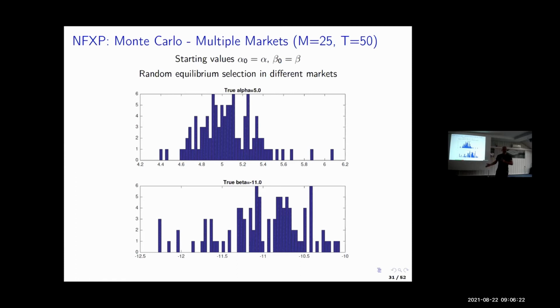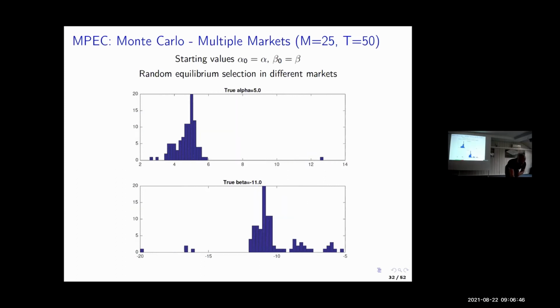It's completely random in the data generating process which equilibrium was played in each of these markets. We could have assumed that it was a particular one, but here it's different. And we can also get beta. Now there's not a graph for each equilibrium, because they're just randomly generated.